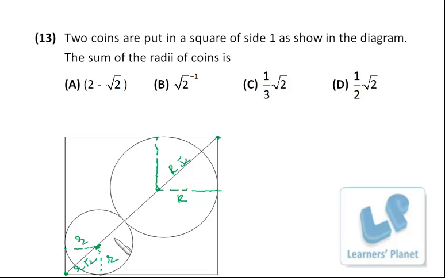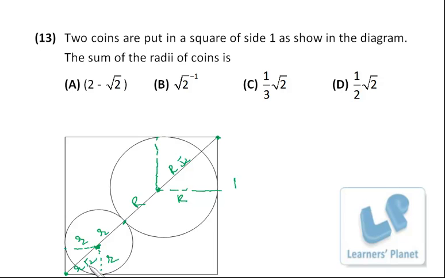Now from this point to this point it is r, and from this point to this point it is capital R, right? So we know the 4 lengths, 1, 2, 3 and 4. This 4 altogether is nothing but the length of the diagonal, right? And the length of the diagonal is what? 1, 1. So it must be root 2, right?